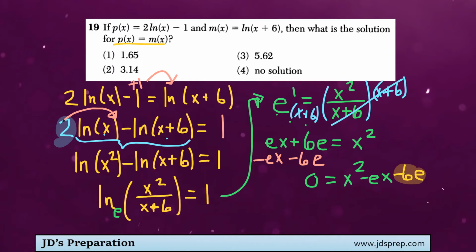So this is now in the form of a quadratic equation where a equals 1, b equals negative e, and c has a value of negative 6e. So we're going to be using the quadratic formula here to help us solve for x.